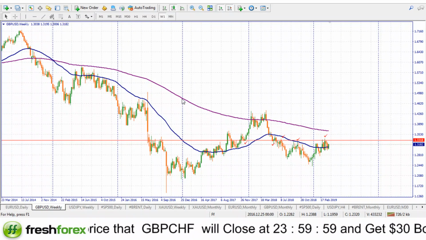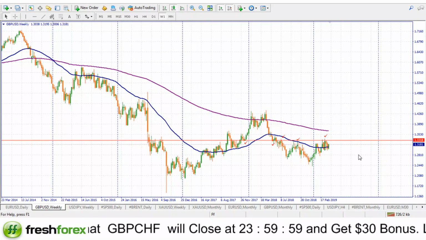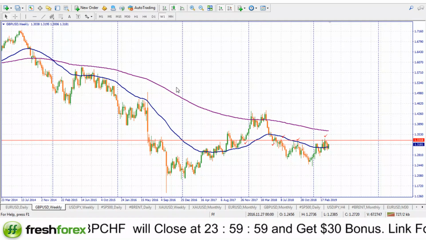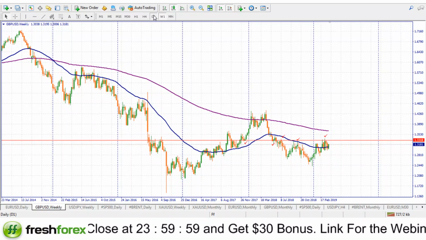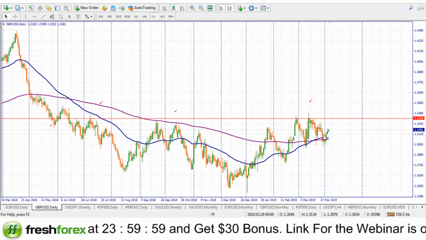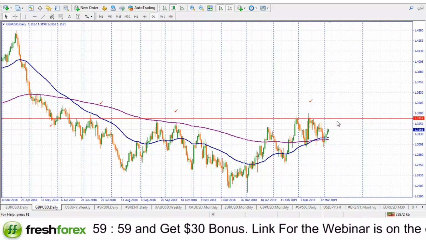So according to the weekly chart, we are actually looking for a sell. The overall trend based on these two indicators is actually downwards, but according to the daily chart, we still expect price to push even higher.